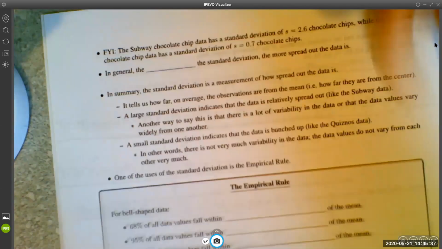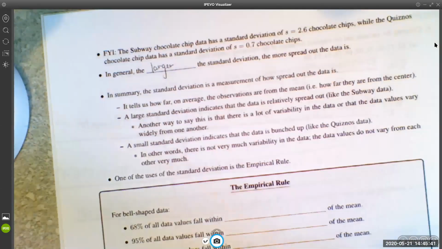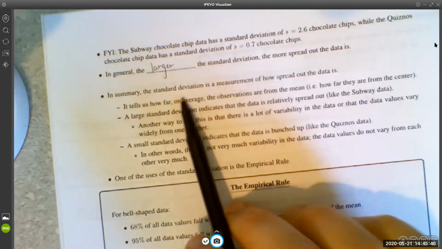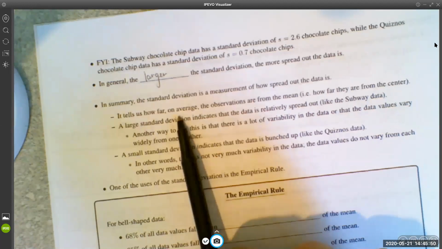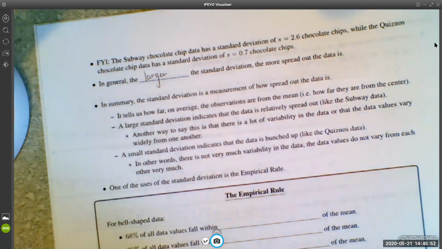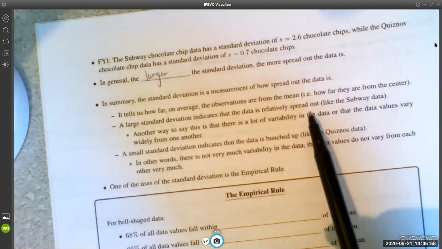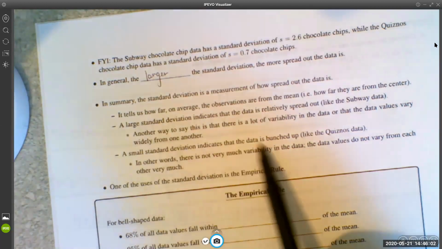So in summary, the standard deviation is a measurement of how spread out the data is. It tells us how far on average the observations are from the mean, in other words, how far they are from the center. A large standard deviation indicates that the data is relatively spread out, like the Subway data. A small standard deviation indicates that the data is bunched up, like the Quiznos data.